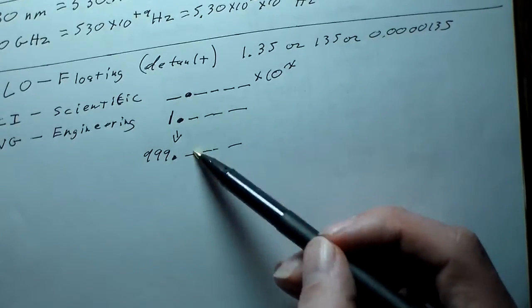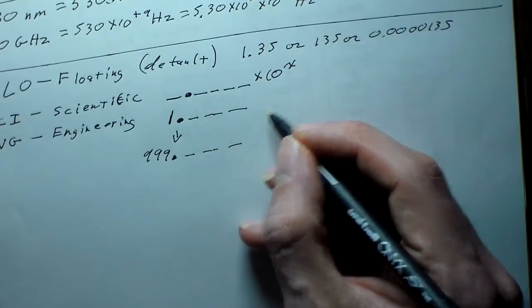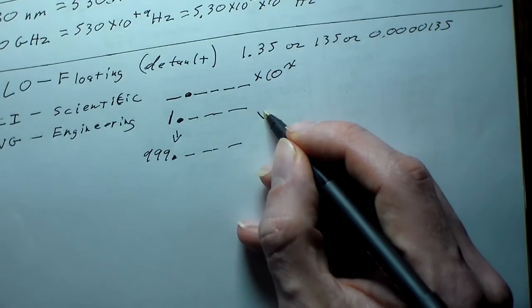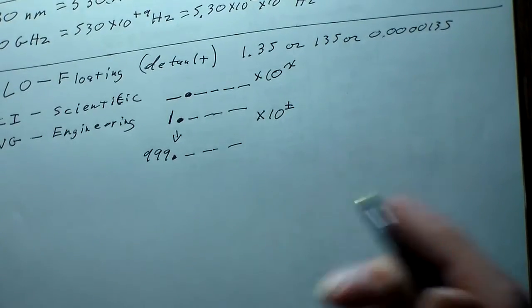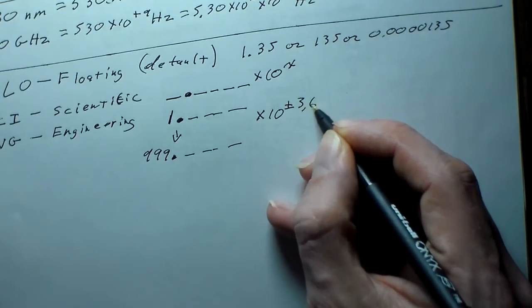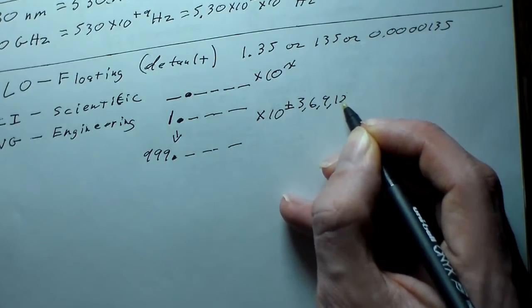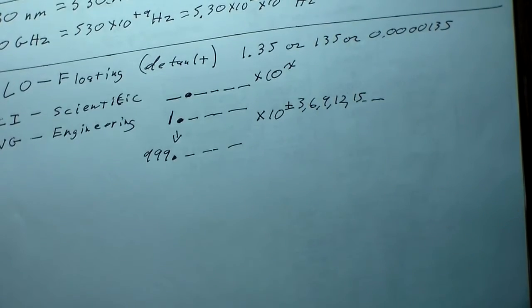And when it's doing this, it's not going to be 10 to the x, but it's going to be times 10 to the, plus or minus because it can be positive or negative, 3, 6, 9, 12, 15, and so on.